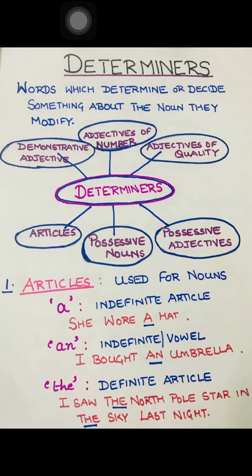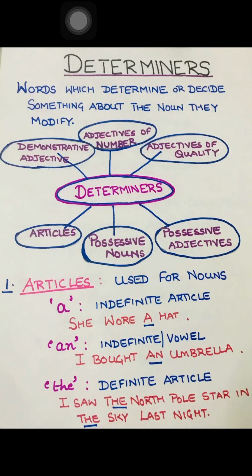Now, let us see how and where to use the article an. Children, an is an indefinite article and is again used for nouns. Let me read a sentence for you. I bought an umbrella. Right? I repeat the sentence. It says I bought an umbrella.